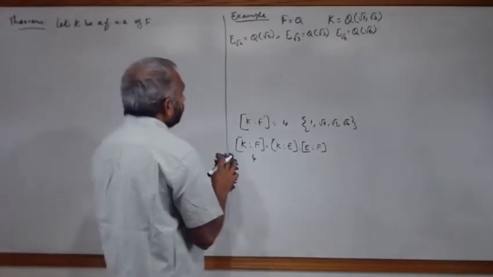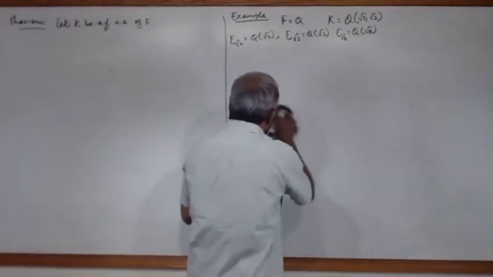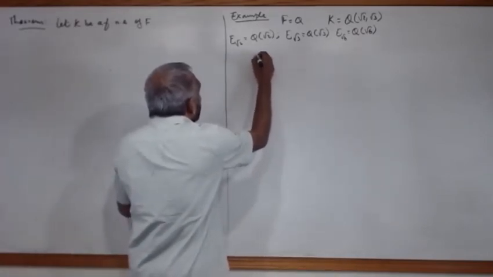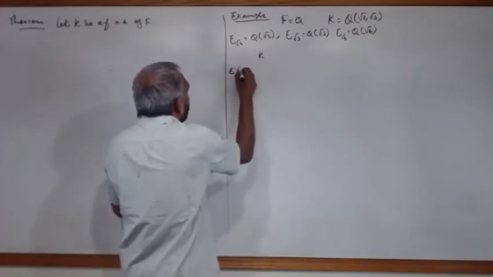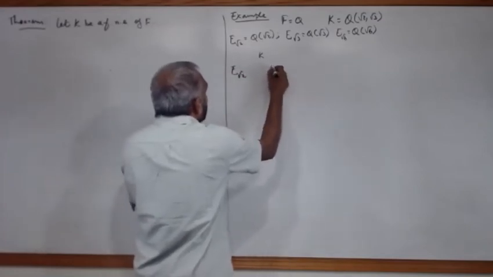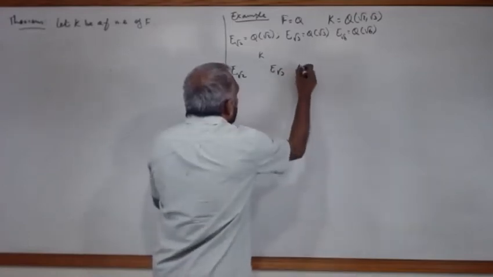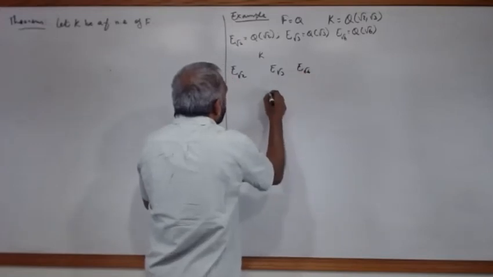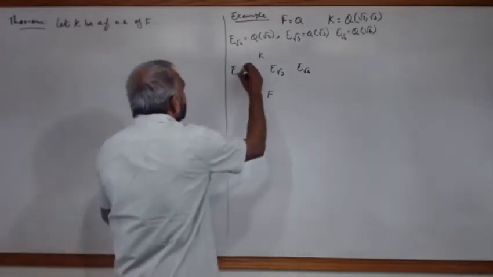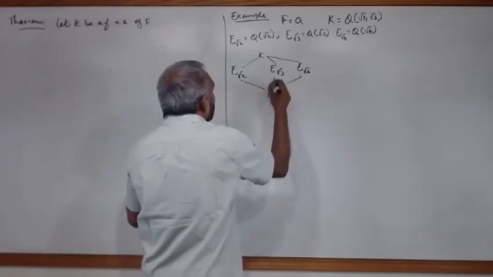So the extension diagram will be like this. K, E root 2, E root 3, E root 6, and there is an F here. So this is going to be our diagram.